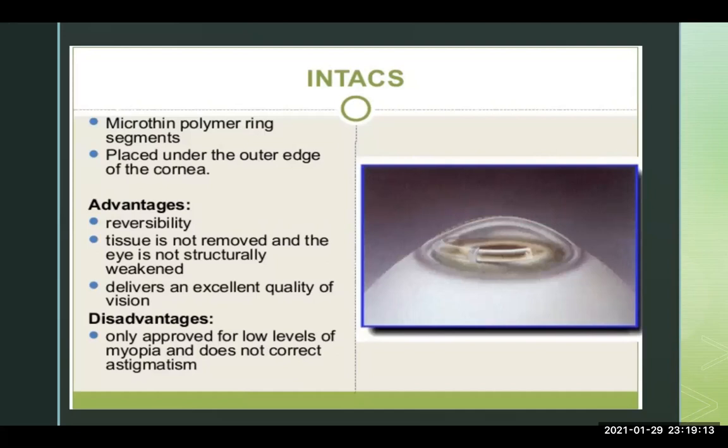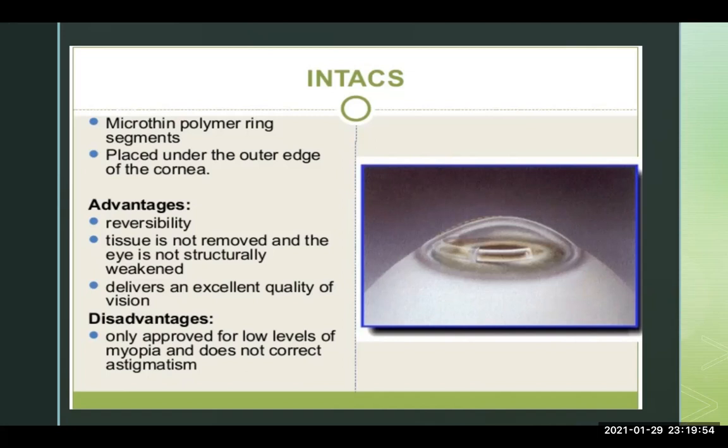Finally, the INTACS. It's a polyacrylic ring segment, made from polymer, placed under the outer edge of the cornea through tunnels, which may be formed manually or by the femtolaser, which is commonly used nowadays to form the tunnel to be more precise and much safer.